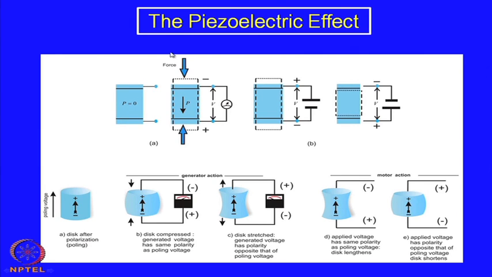Then if we apply a compressive stress from the two sides, there is a very minute deformation of the crystal or the material, and that deformation sets up a dielectric polarization. So, by deforming, you can actually generate a dielectric polarization, and consequently you get a voltage there.